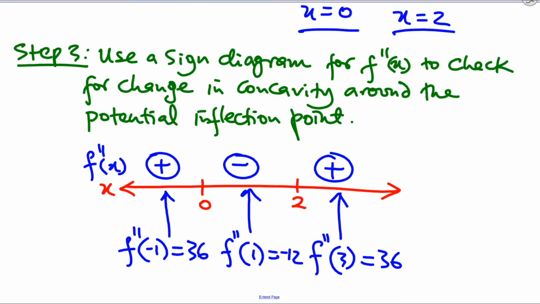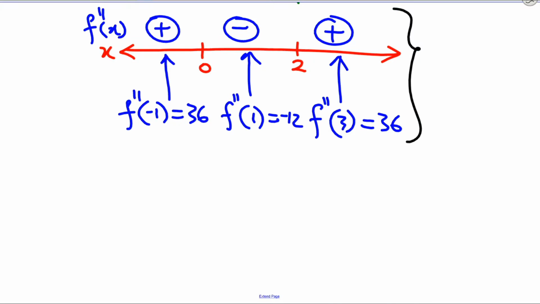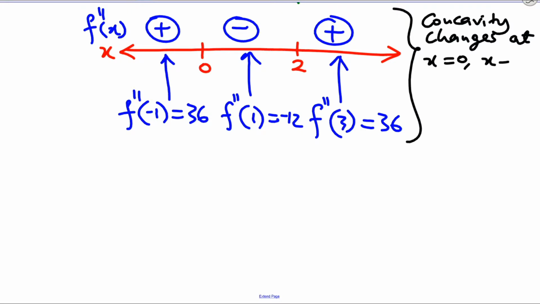So we can say that concavity changes at x equals 0 and at x equals 2. Okay?